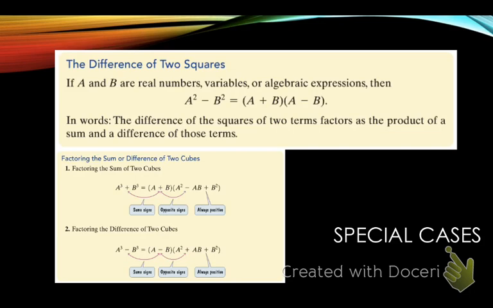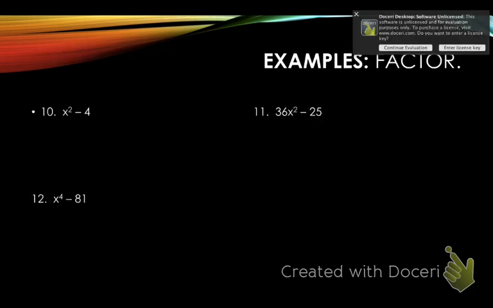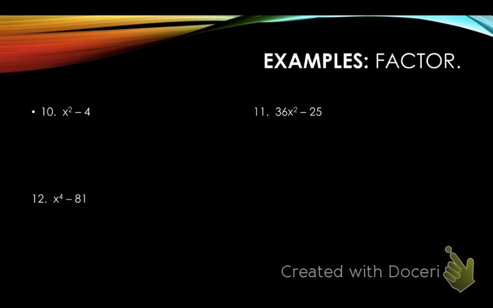If it's a minus, then that middle term of the trinomial is going to be a positive. So I'm not going to go here. I'm going to go ahead and just go to the trinomial, or the cubes. Maybe.